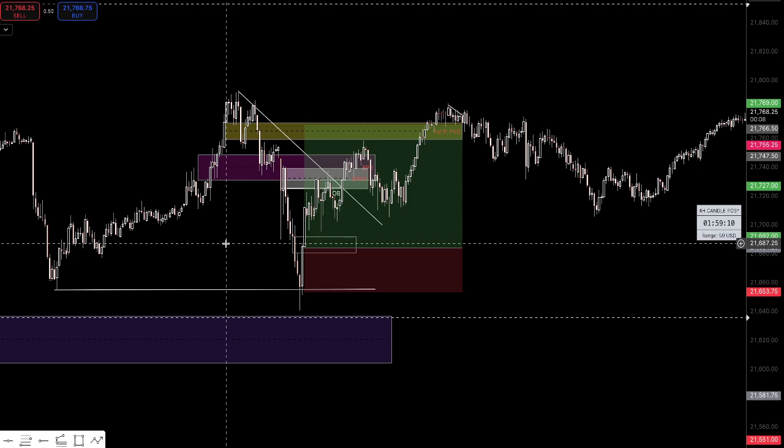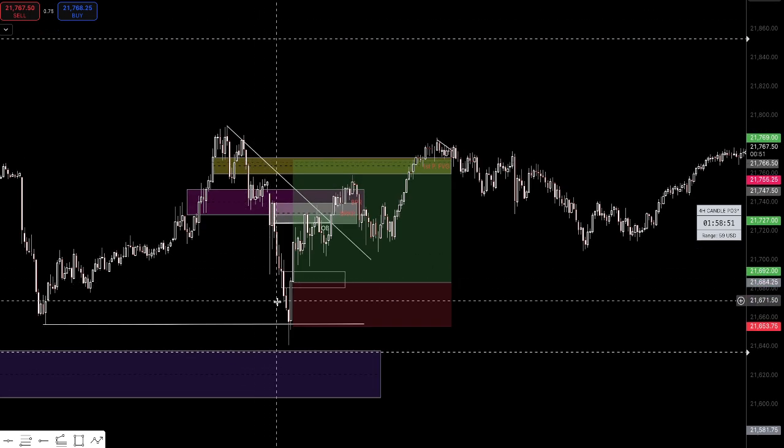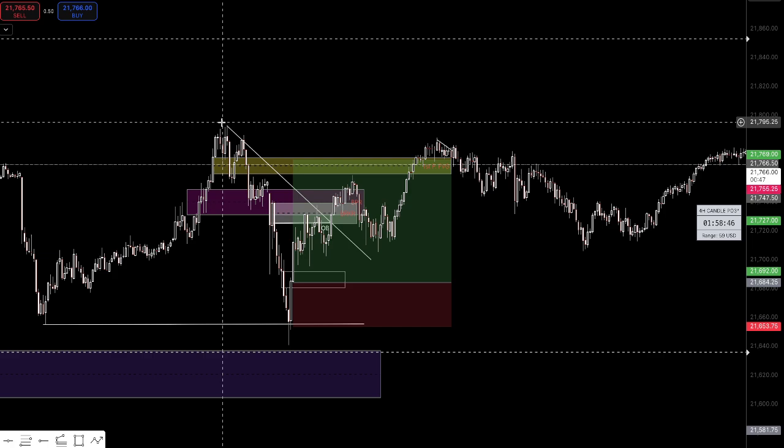Or maybe you want to wait for more confirmation and a change in the state of delivery. So it's all on you. You see what the market presents for you, and that's the entry model you use. I don't think it's hard to decipher between the different entry models. But anyway, we got this, and of course I'm targeting this area of liquidity.